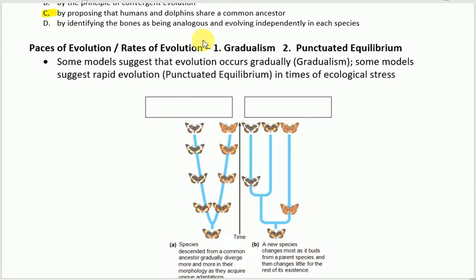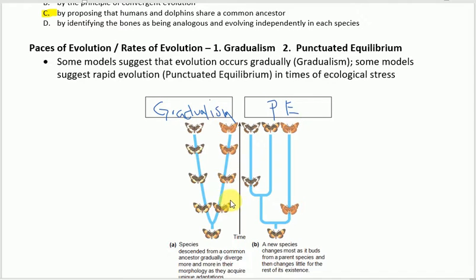And this is in times of ecological stress. So this one on the left, this is the gradualism. And this one on the right is the punctuated equilibrium.